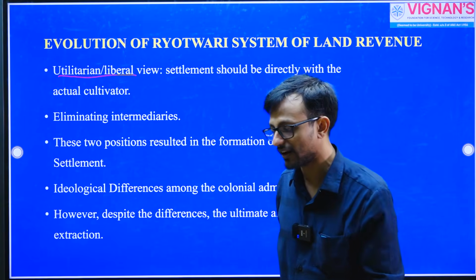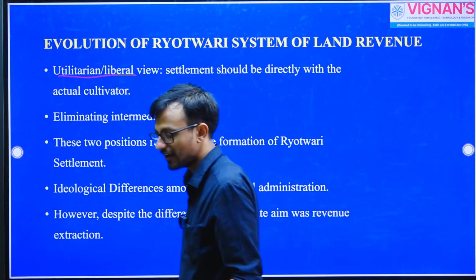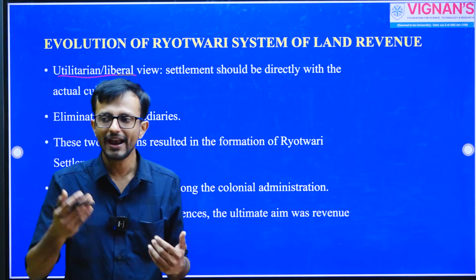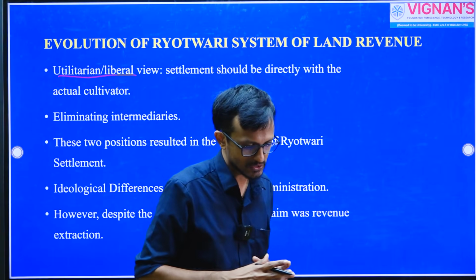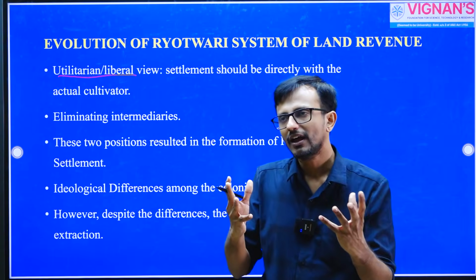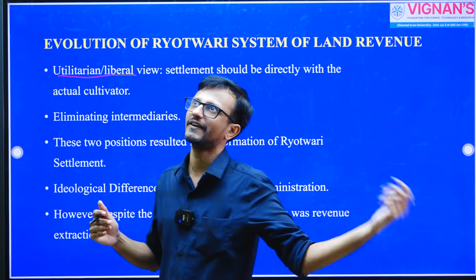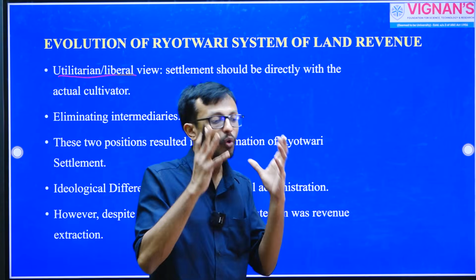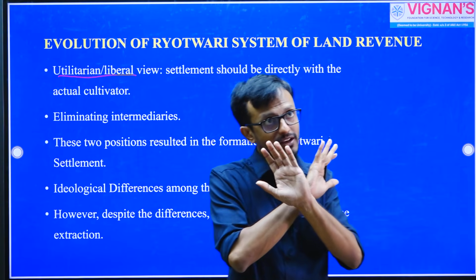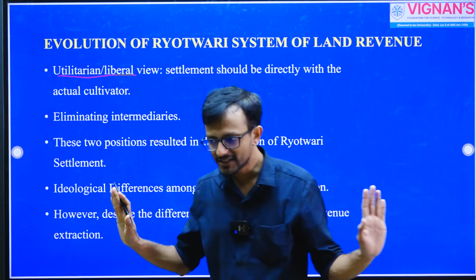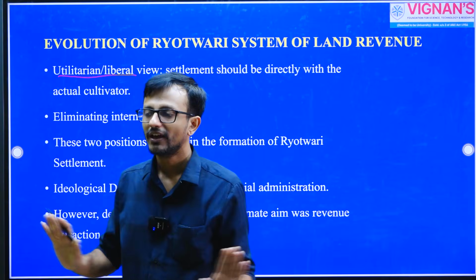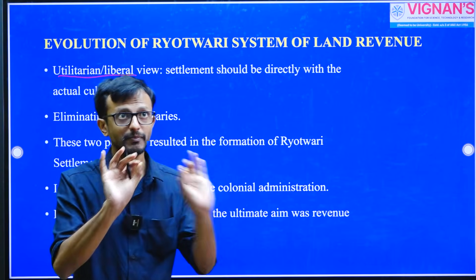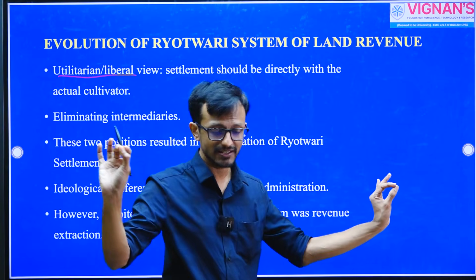Why is it called liberal? It is called liberal because Ryotwari had a very liberal understanding of Indian society. They thought that actually we should go back to the traditions of the Mughal dynasty where the peasant is the owner of the land. There shouldn't be any rack renters, there shouldn't be any landlords, there shouldn't be any merchants. Zamindars shouldn't have any agency.